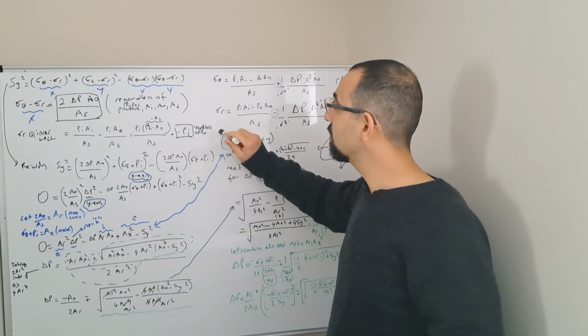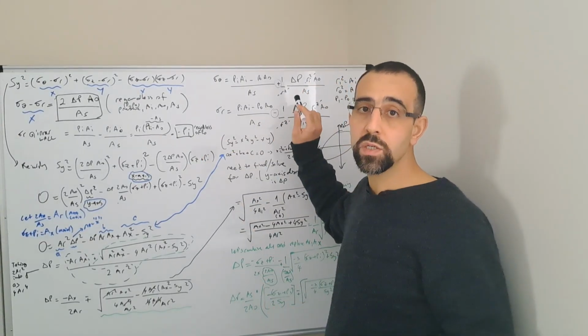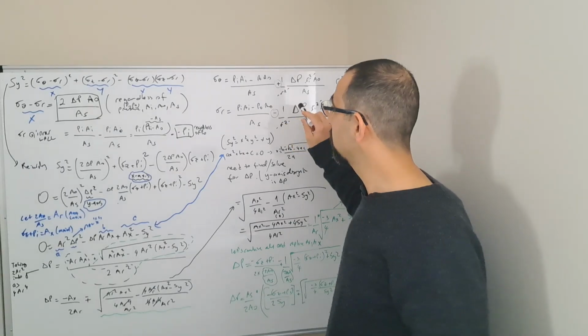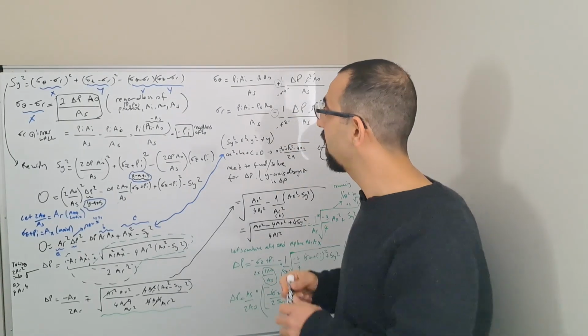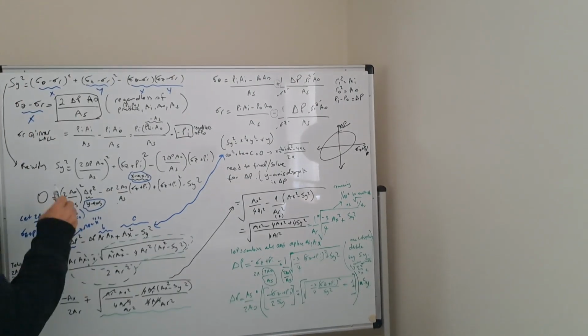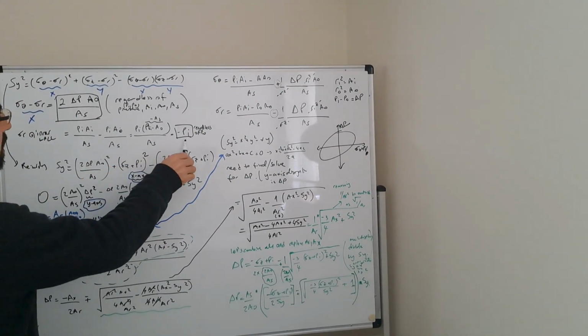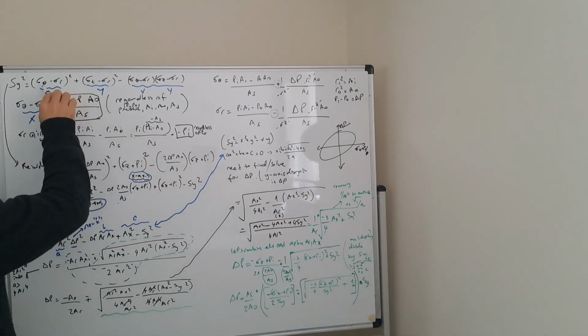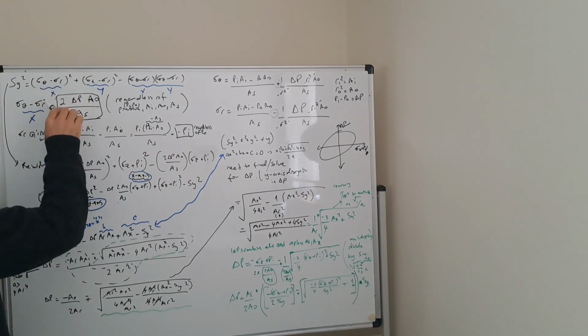Again, this is regardless of the outer pressure, outer area, or the inner area. So we are coming to a simple solution here. We have the radial stress, and then we have the difference between the tangential and radial stress.